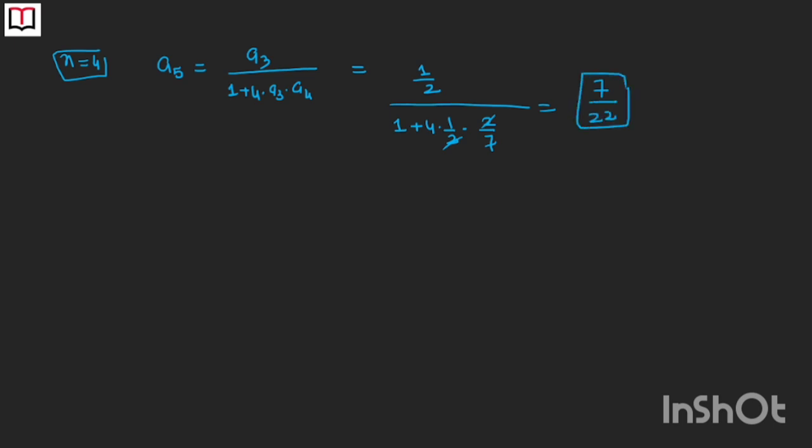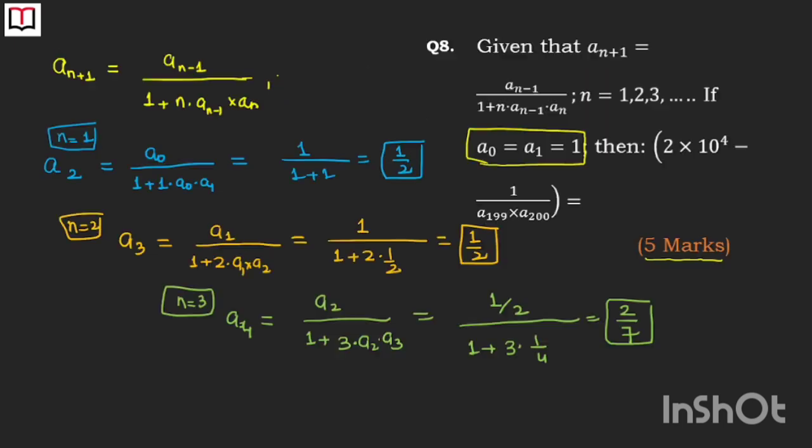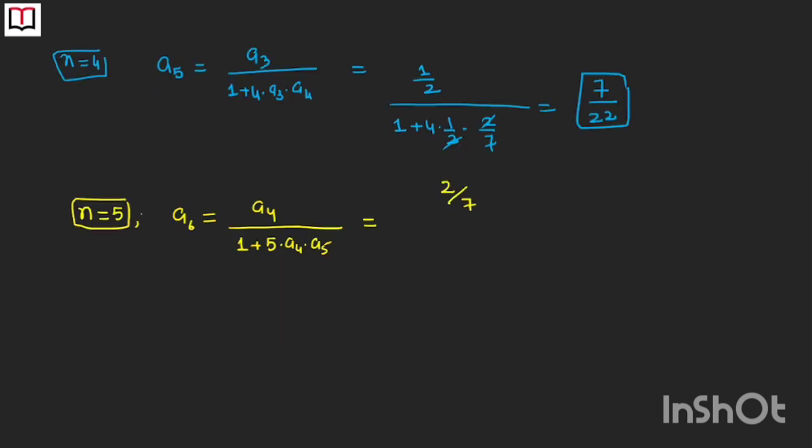Now one more, because we need to find the pattern. a6 is a4 over 1 plus 5 into a4 into a5. a4 is 2 by 7, over 1 plus 5 into 2 by 7 into 7 by 22. 7, 7 gone, 11, 16, so it is 11 by 56.